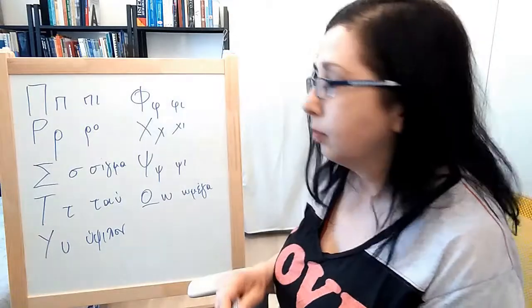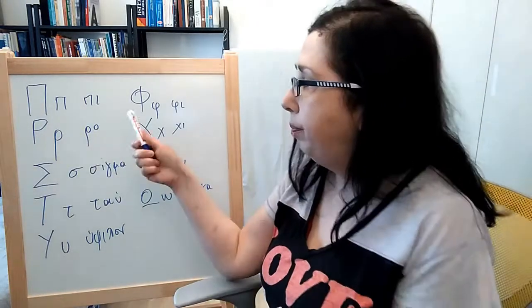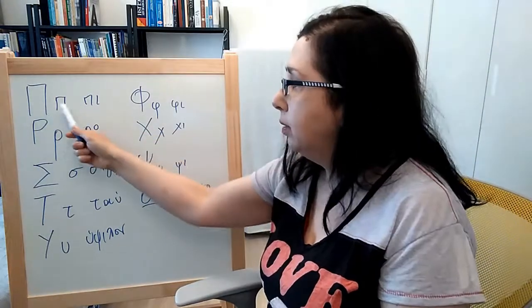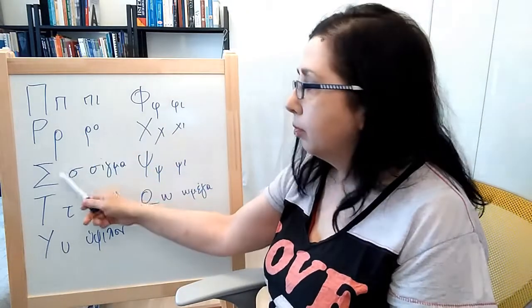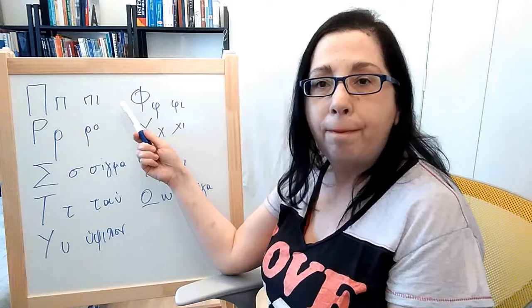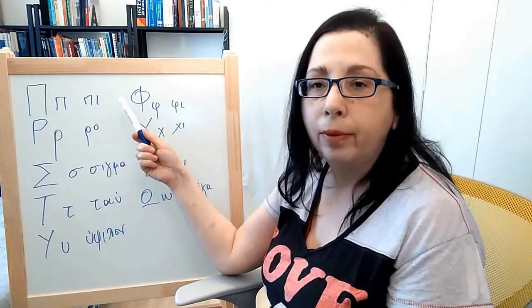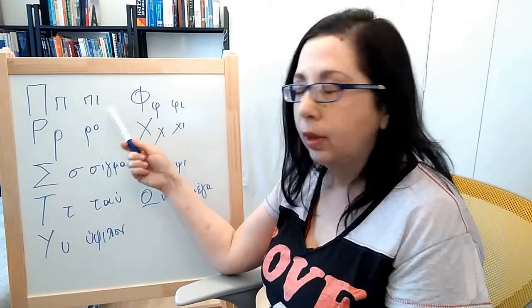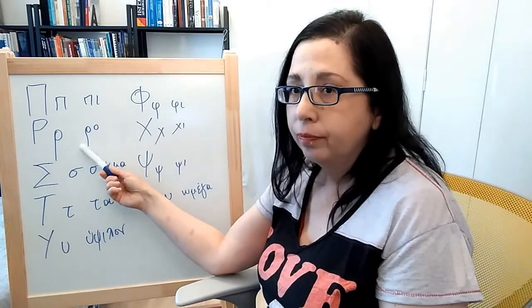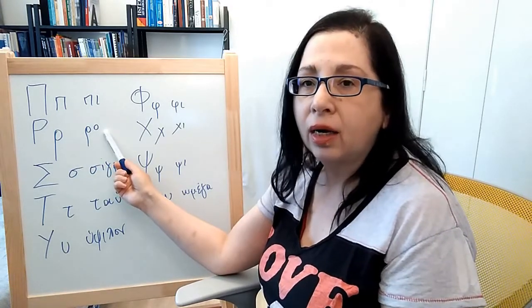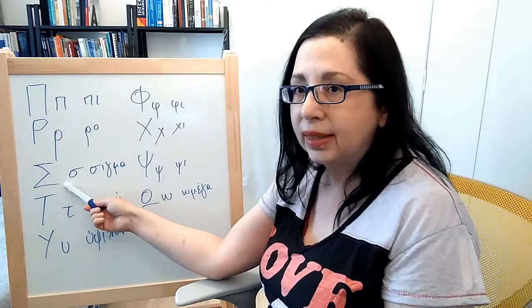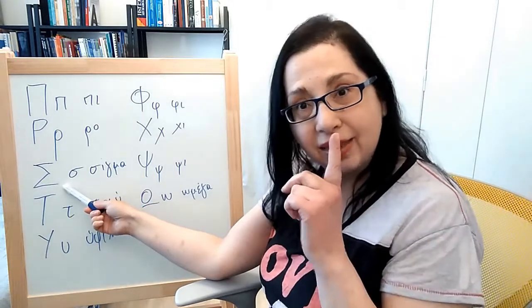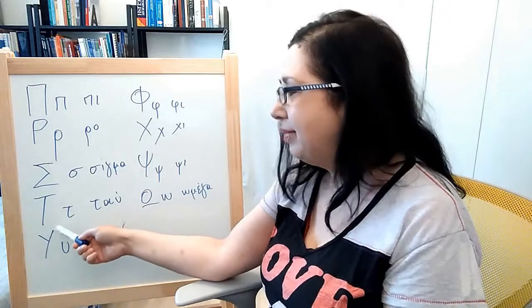That's it. Okay. So we have P, capital, and the lowercase. The sound is P, P, P. Okay. Ro. The sound R, R. Sigma, S, S, S. Like that.